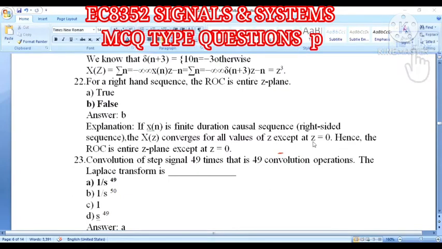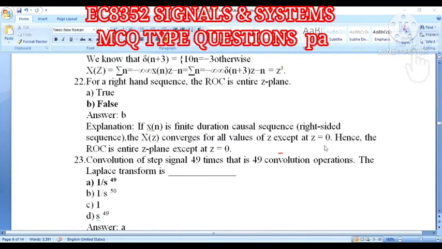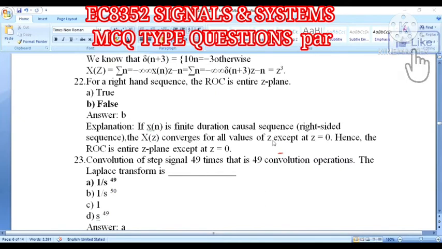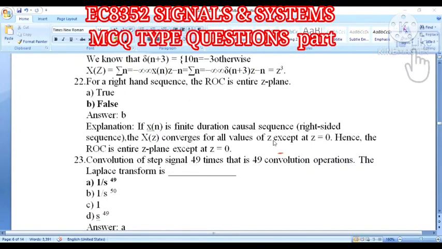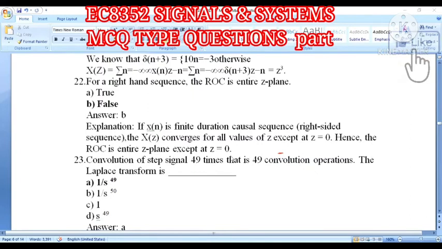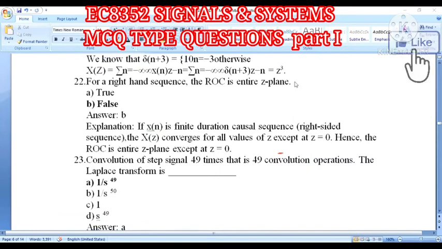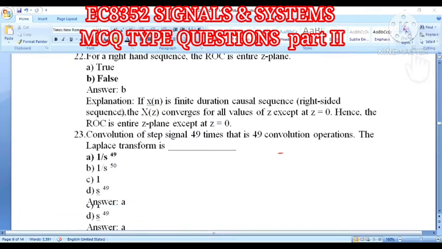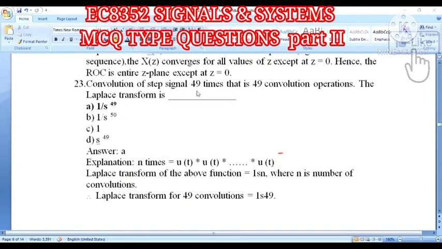Then only you can understand this kind of questions. So be cautious: wherever you solve a Z transform problem, at the end of the problem you show the ROC plane also. Hence the ROC is the entire Z plane except at Z equal to 0. Since the statement says the ROC is the entire Z plane, without the exception of Z equal to 0, the condition is false.